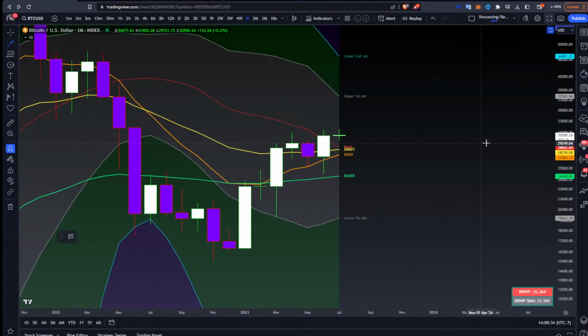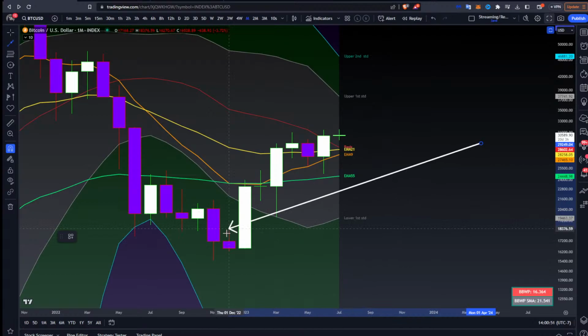And I had already noted in the previous macro video that the lower first standard deviation is right around 19,500. If Bitcoin closes the monthly time frame underneath there, that is the only real indication to me that Bitcoin would be going down and heading towards that major low and testing it again.